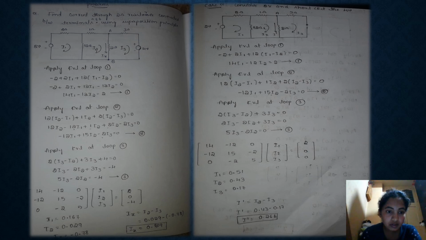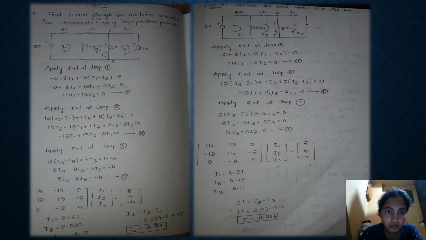So here if we do matrix multiplication, then I1 will be 0.167, I2 will be 0.029, I3 will be minus 0.78, because here we are finding I1, I2, I3, that is current. So Ix will be I2 minus I3, because in the question they ask you to find the current through the 2 ohm.